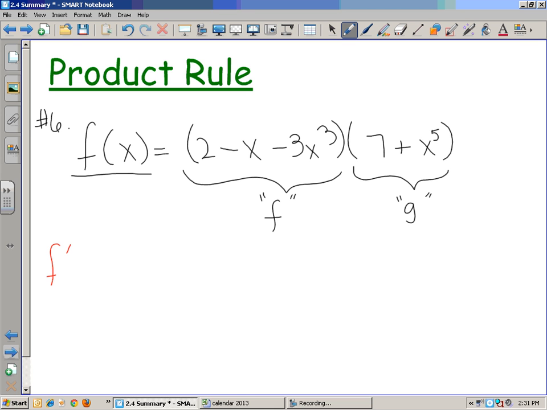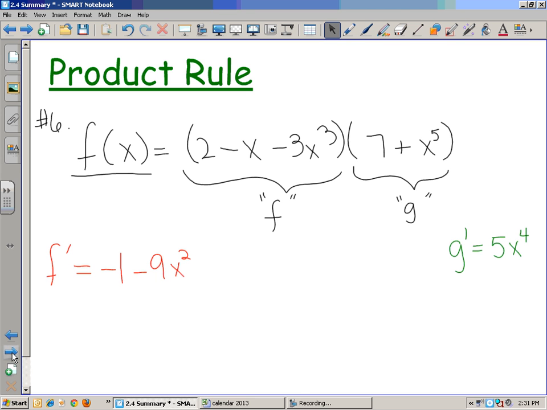Now I want to use the rules from earlier this week, from sections 2.1, 2.2, 2.3, to simplify. I want the derivative of f, and I'm going to get negative 1 minus 9x squared. Then I want to do g prime, taking the derivative of just the g, and I'm going to get 5x to the 4th.